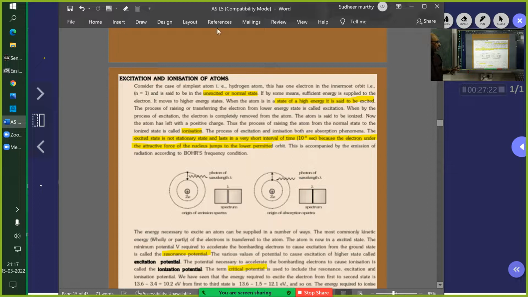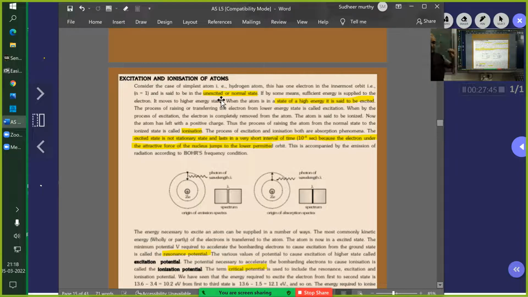I have one more abstraction here, same as what was written above. I will just go through the highlighted things. Unexcited or normal state: when an atom is formed and no external energy is given to it, all the electrons are in their normal state. Here we are referring to the hydrogen atom, so it has only one electron.